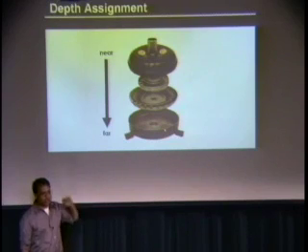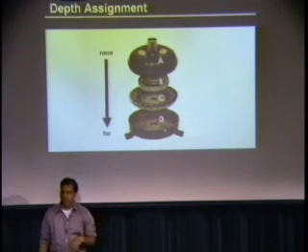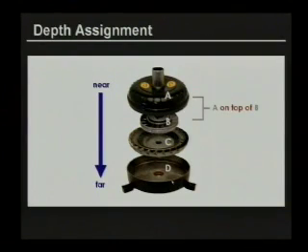So that's an indication of the depth. And that starts to impose constraints on the different parts. So part A is closer to the viewer than part B, so part A should be on top of part B, right? That layer should be on top. The A layer should be on top of the B layer.